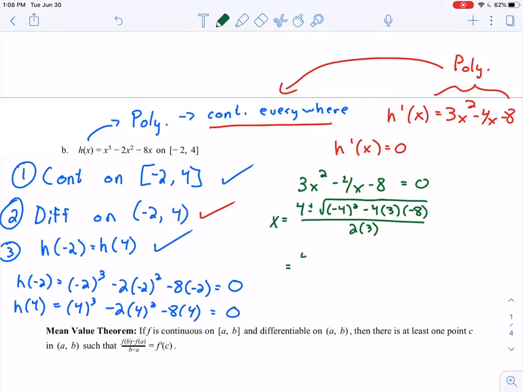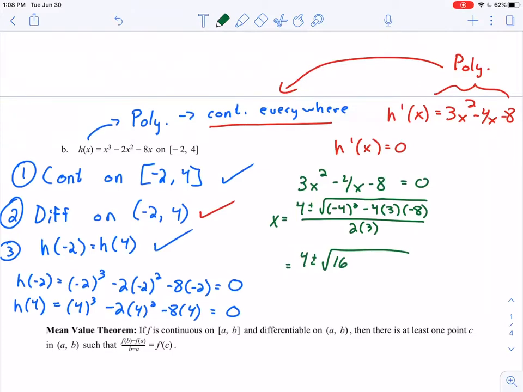So here I've got 4 plus or minus the square root of 16. 4 times 3, I've got negative 12, and then 12 times 8, let me just double check my arithmetic because I don't trust it, plus 96, all over 6. So let's see, 16 and 96 give 112. 4 plus or minus radical 112 over 6.